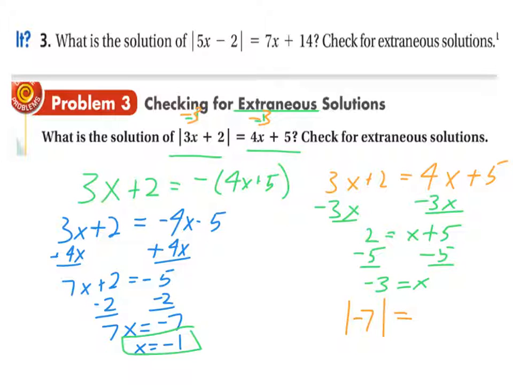And then on the right-hand side, we get negative 12 plus 5. So we get a negative 7. The problem we end up with is we've got the absolute value of negative 7, which is a positive 7, equaling a negative 7, which does not work. So that x equals negative 3 is what we call an extraneous solution. So we put a big X through it for extraneous.